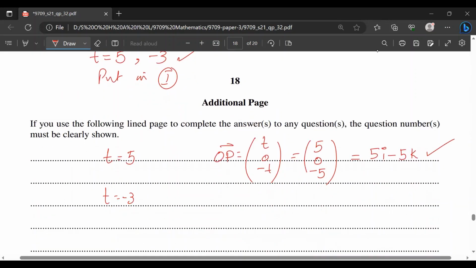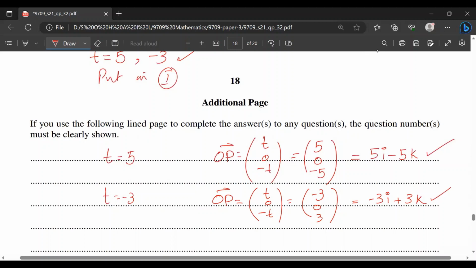So if t equals minus 3, then OP is again (t, 0, -t), so (-3, 0, and minus minus is plus 3). So the second answer is minus 3i plus 3k.